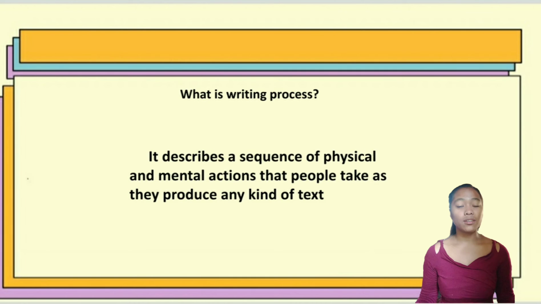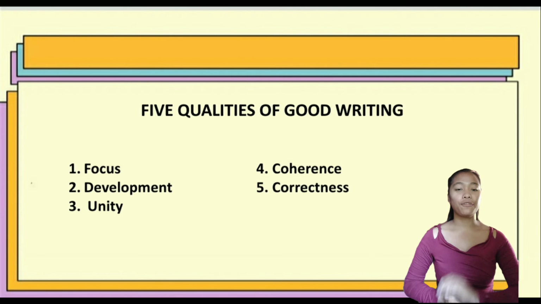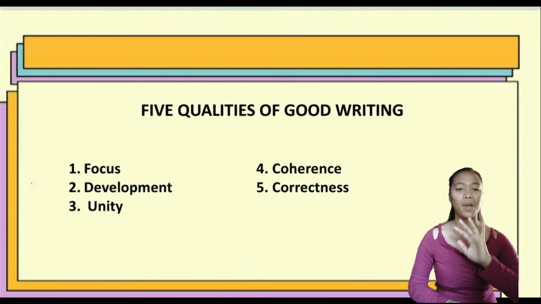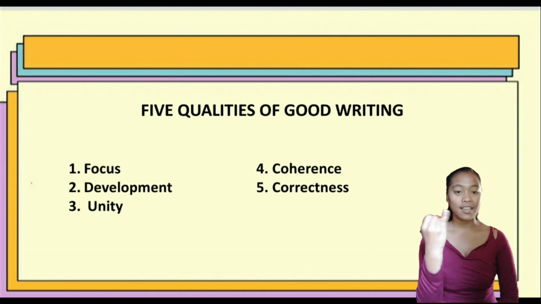Everyone should know the different processes of writing, for it will help us to achieve good results when we are writing. And it also helps us to be a good writer in the future. There are 5 qualities of good writing that help us to be a good writer in the future. First, we have focus, development, unity, coherence, and last but not the least, correctness.